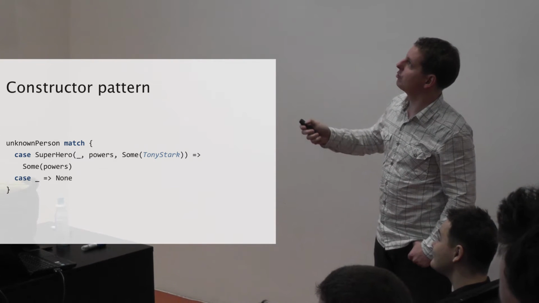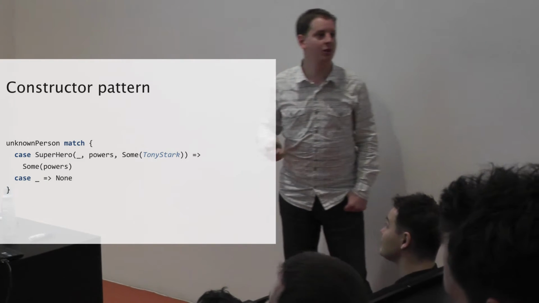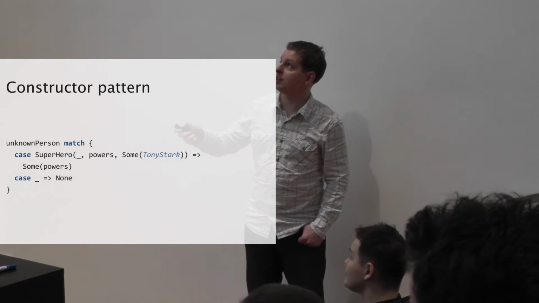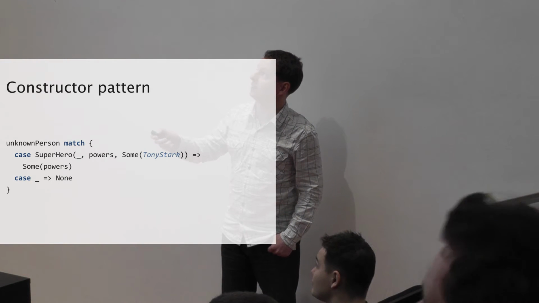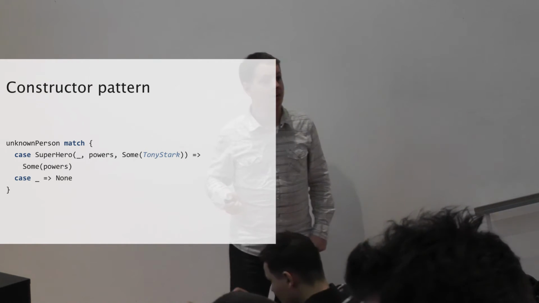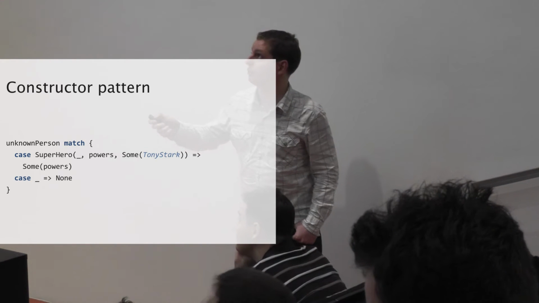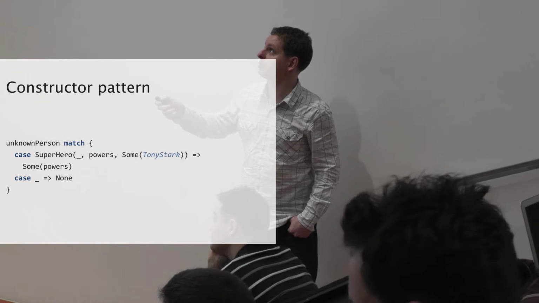So this branch matches any value that is of type superhero. Its first attribute name is anything, we don't care. Its second attribute powers is anything again, but we want to extract it. And the third parameter is some Tony Stark.